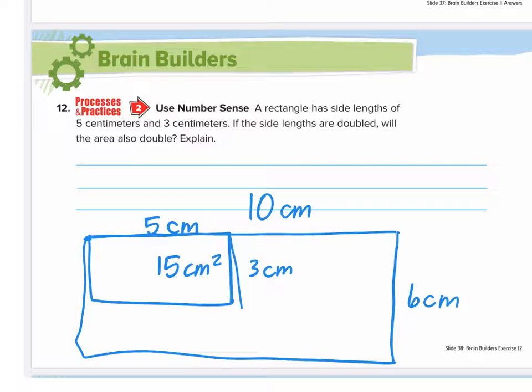Now we have 10 times 6, which is 60 centimeters squared. So is 15 centimeters squared half of 60 centimeters squared? No. 15 is half of 30.